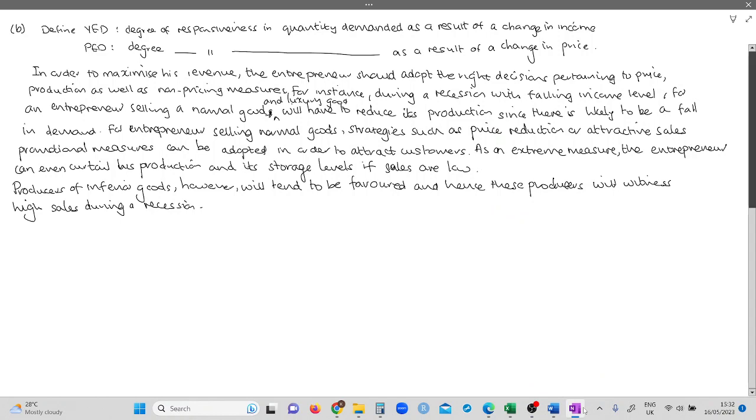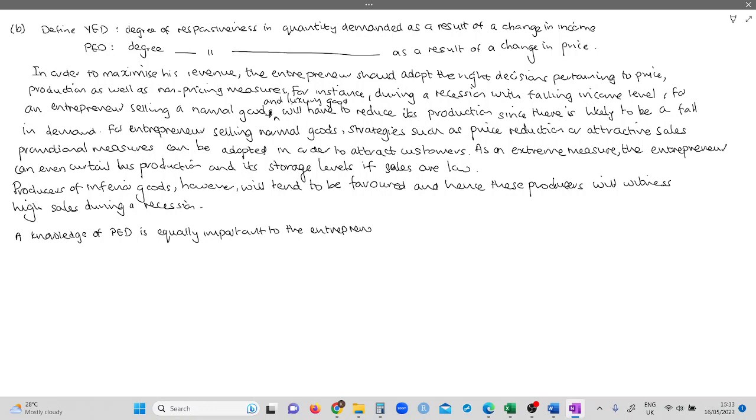A knowledge of PED is equally important to the entrepreneur for adopting the right pricing strategy.